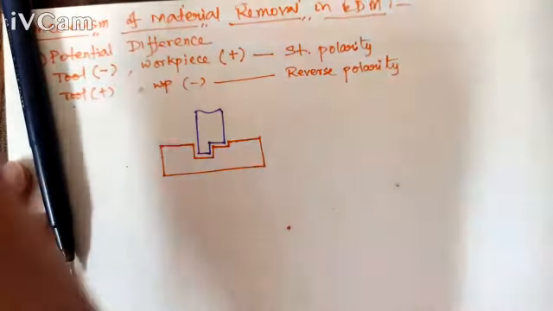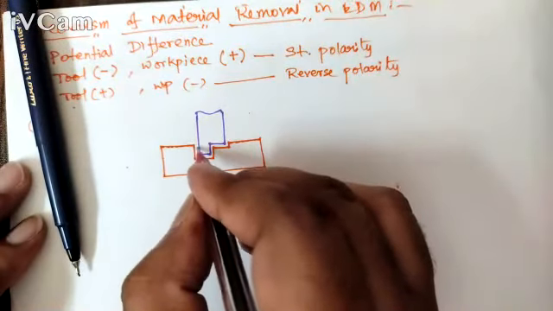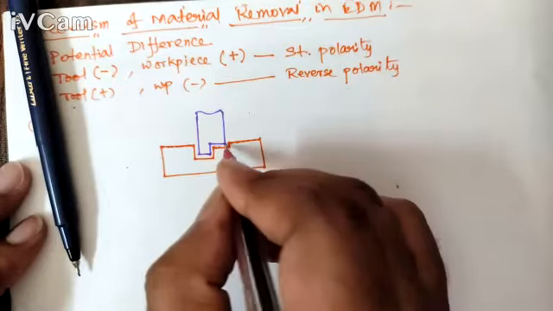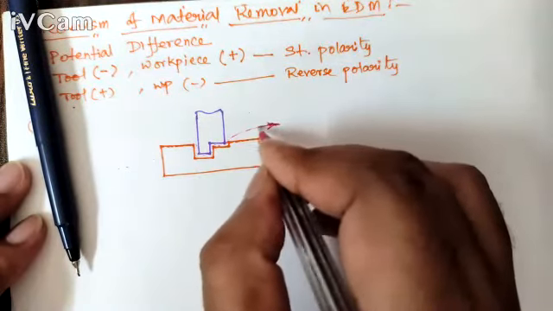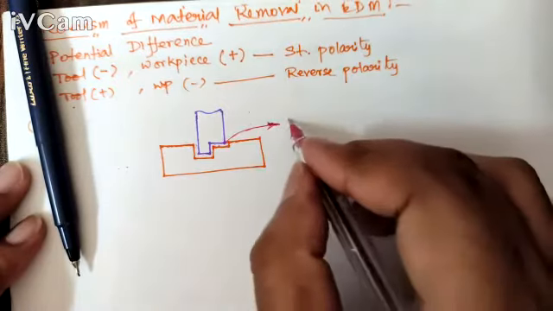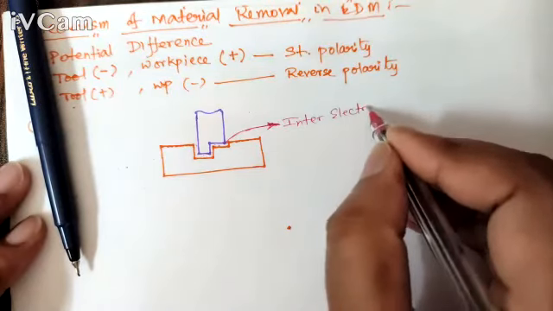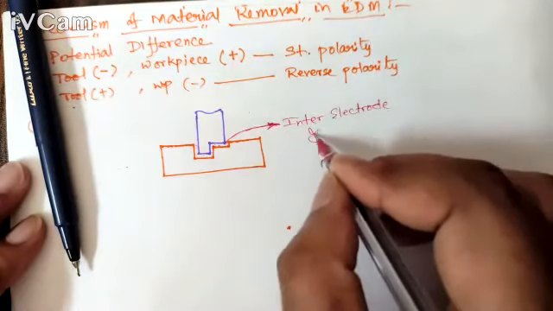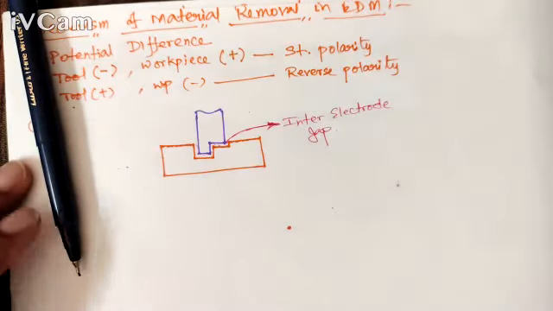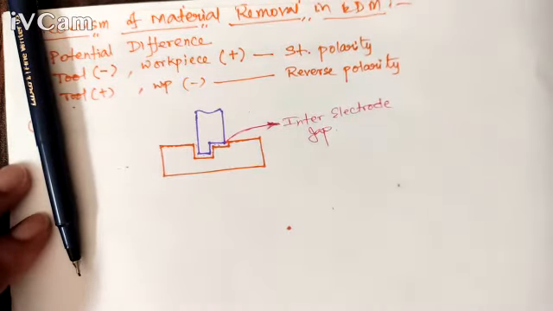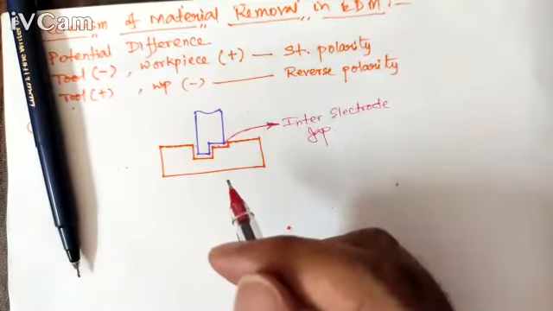In between you can find some gap, and this gap is known as the interelectrode gap. Once again I am discussing the mechanism for those who did not understand in the last class.